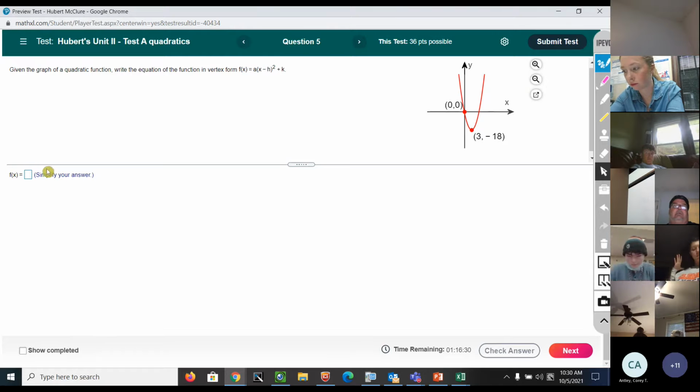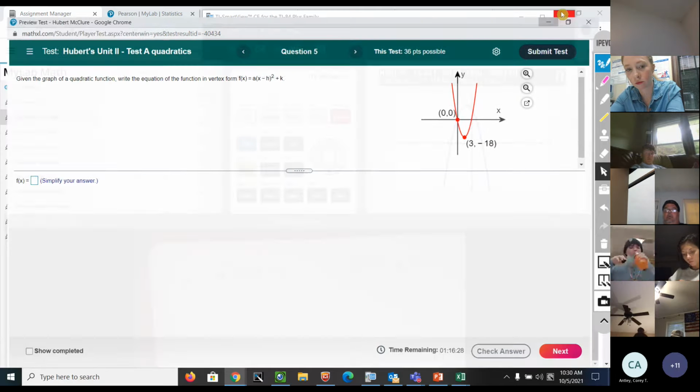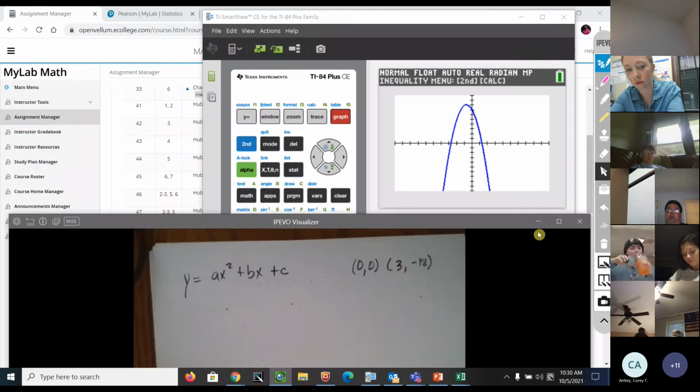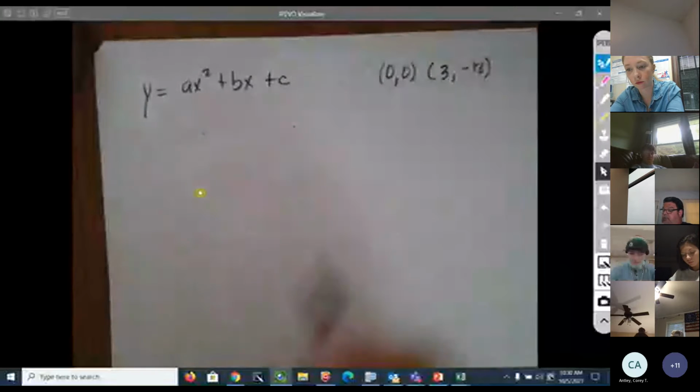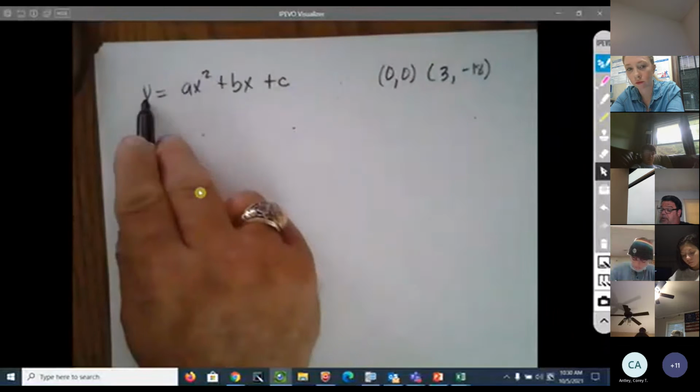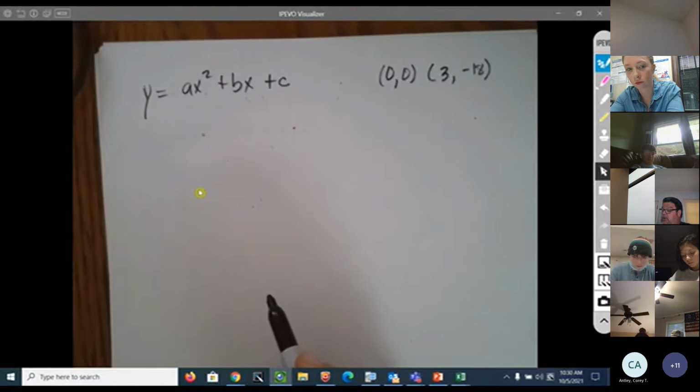They want you to find the equation of the line. Well, let's see. We've got that 0, 0 right there. We could plug that in for x and y, or 3 and negative 18.